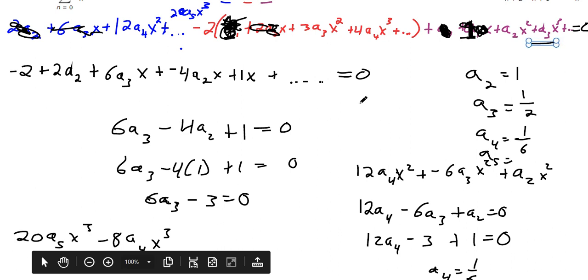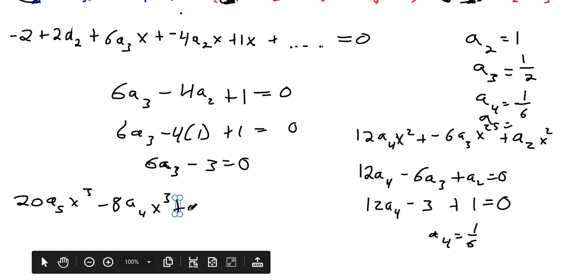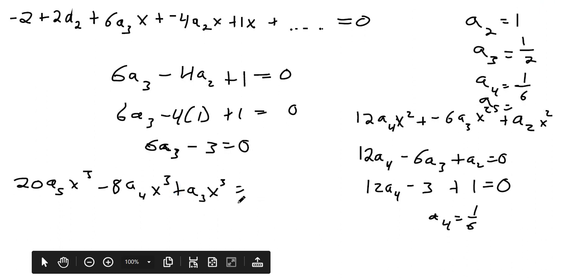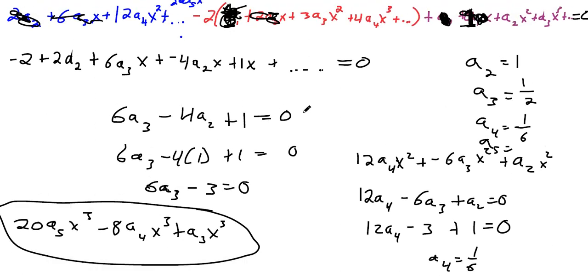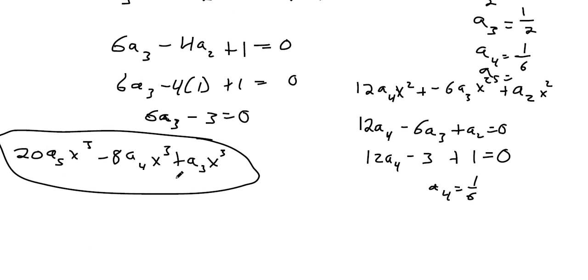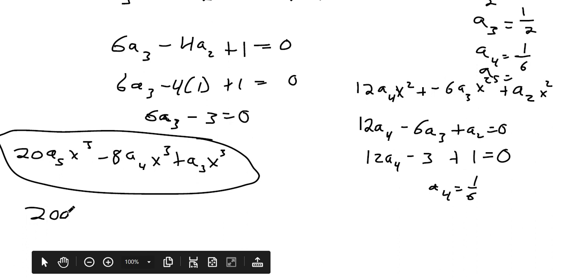And then our x to the third term over here is just plus a sub 3 x to the third. In order for our whole equation to equal 0, those leading coefficients need to combine to make 0.